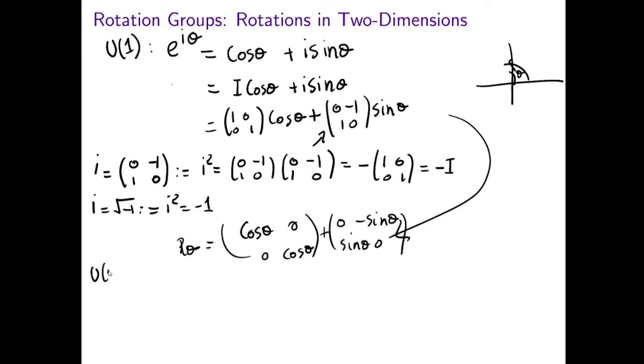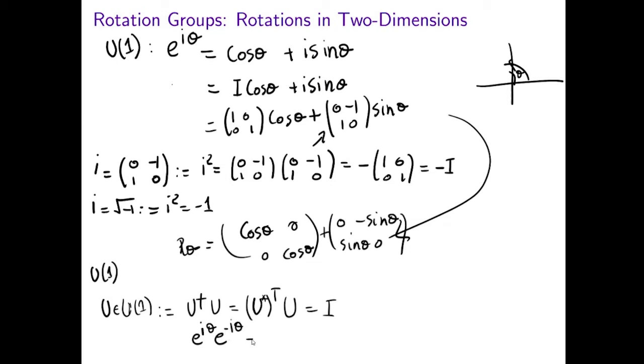And the reason this is called U1 is because if I take an element U of U1, U belonging to U1, the thing about U is that U dagger U, which is to say U conjugate, complex conjugate transpose, times U, is just 1, or basically the identity element of the group. We'll see how this is true, because if I take U to be e power i theta, U dagger is nothing but e power minus i theta, and this is obviously just 1.